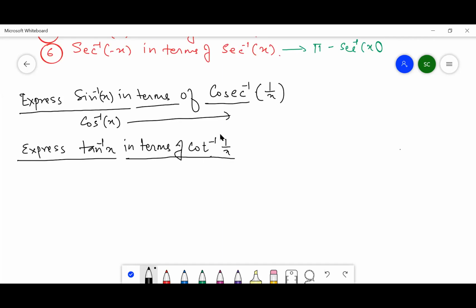So there is a difference between the ranges of both these functions, and therefore we will have to divide this into two parts. Geometrically, let us first understand what we want to do.